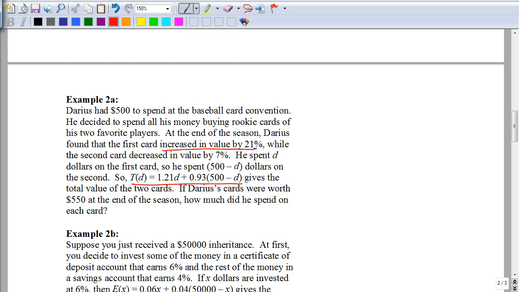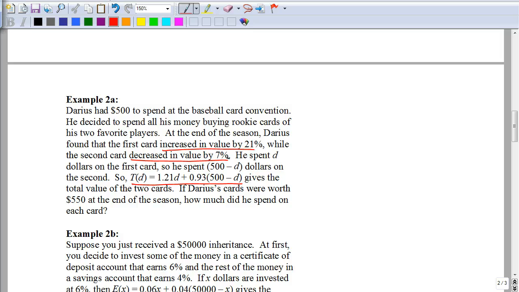Well, what that means is that you started out with the original value of the card, which is 100%. At the end of the year, it's increased by 21%, which means we're now at 121%, which as a decimal is 1.21.